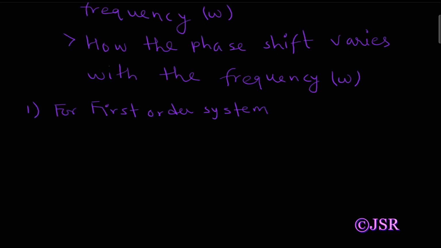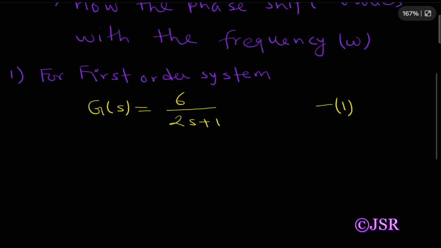So let's say we have a system G of S equal to 6 upon 2S plus 1. So this is your first order system, and now we have to plot the Bode diagram for this system.